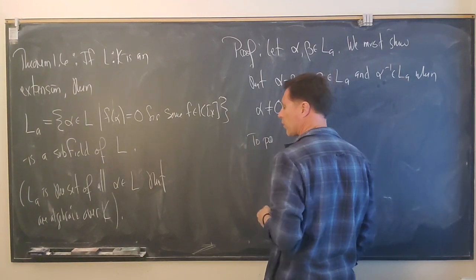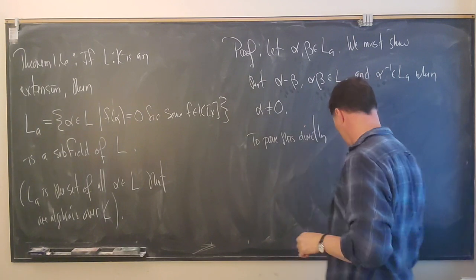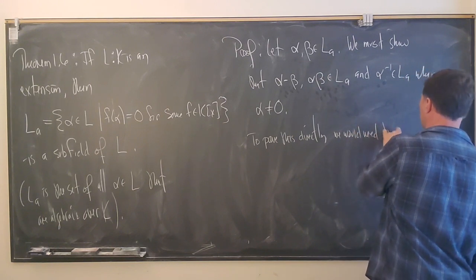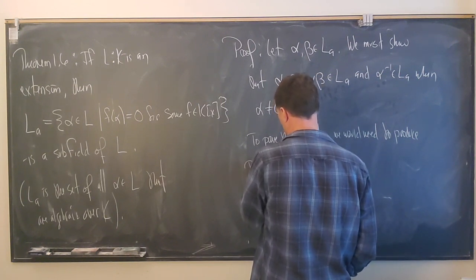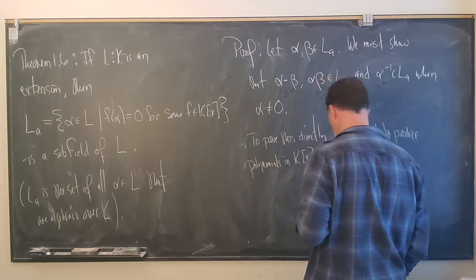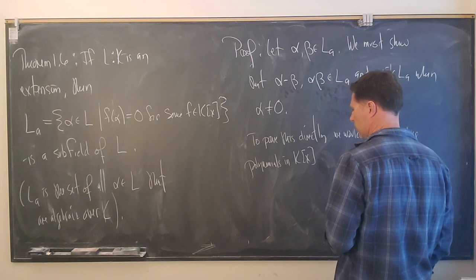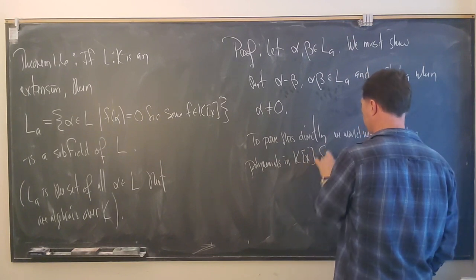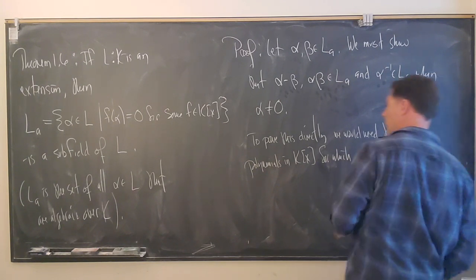It's sort of a comment, it's not really part of the proof, but to prove this directly, we would need to produce polynomials in K bracket X for which alpha minus beta, alpha beta, and alpha inverse are roots.